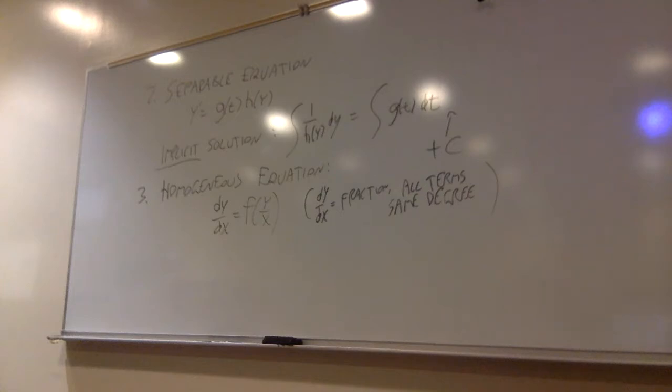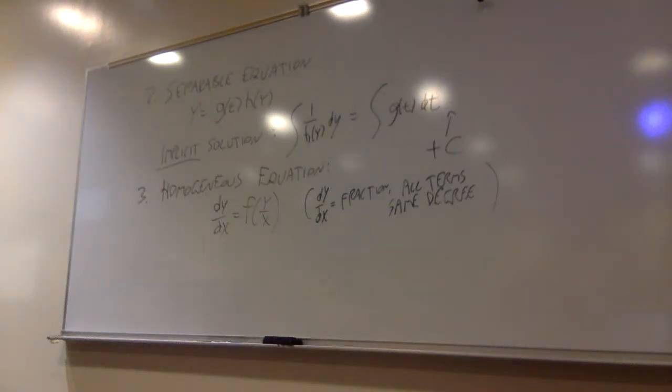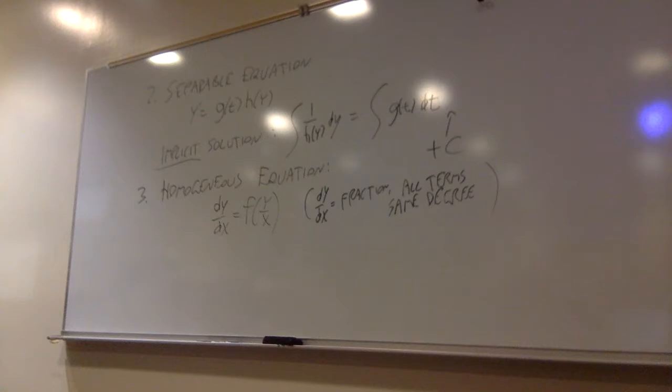So if you add up the exponents in every term, if they're all the same, then it can always be written in this form. Because a homogeneous equation, you may not be able to spot it. You got to think, is that kind of equation, or is it separable, something like that.